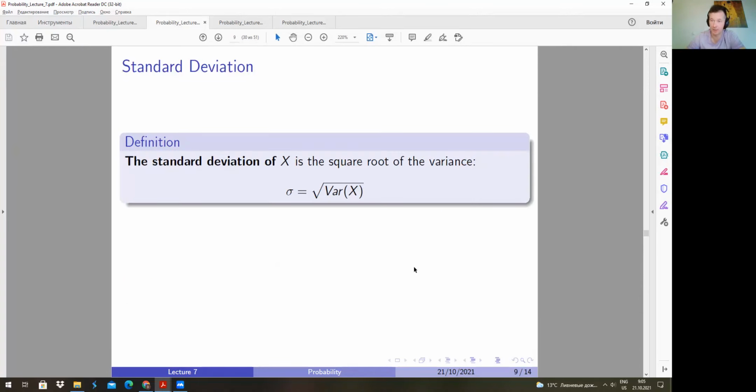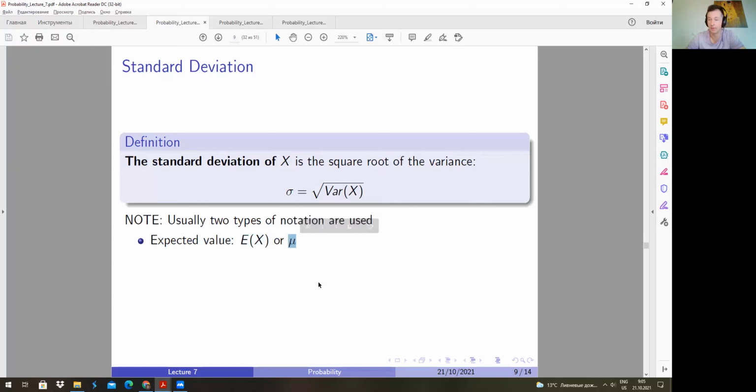And one additional object is called the standard deviation. The standard deviation is the square root of the variance. Simply this. When you know the variance, you are able to calculate the standard deviation. From this moment, we will be using two types of notation. One type of notation for expected value is E of x. Another way to represent expected value is the letter mu.